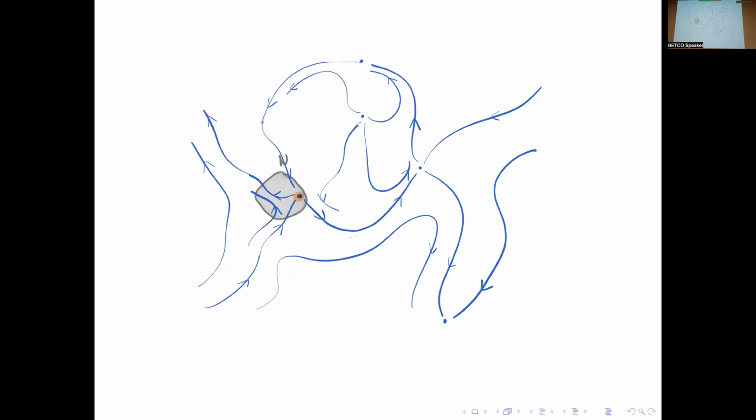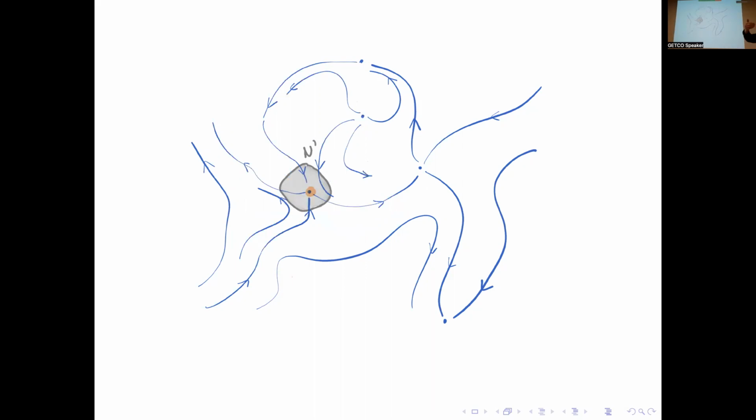At the moment where we are close to losing the isolation, we construct a new isolating neighborhood, and again we let the dynamical system evolve, and we continue this procedure.